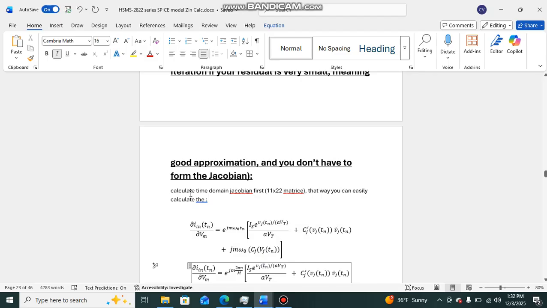So to calculate the time domain Jacobian first, that will be 11 by 22 matrices. That way you can easily calculate the frequency domain Jacobian.